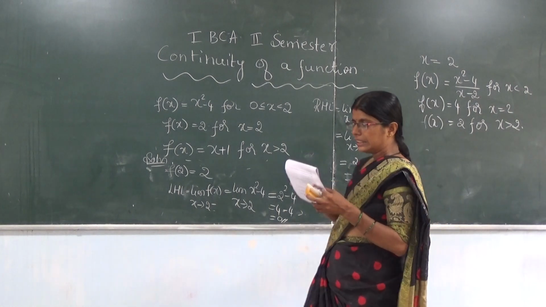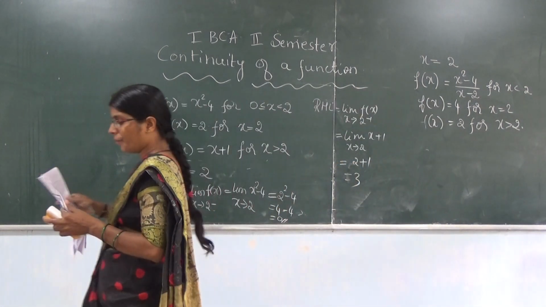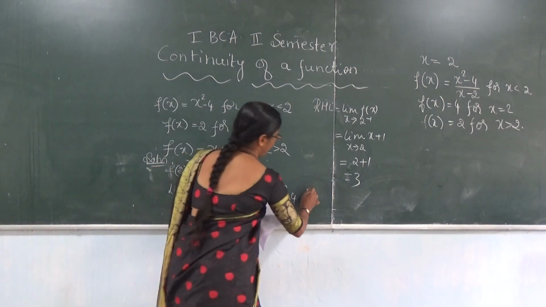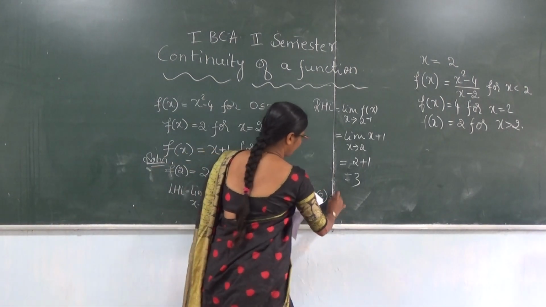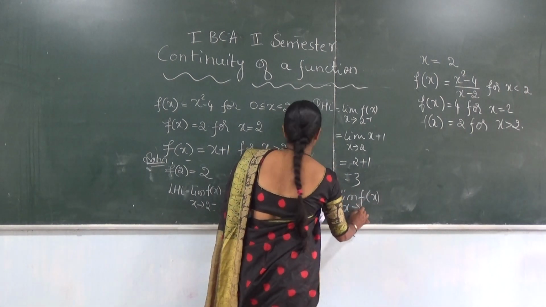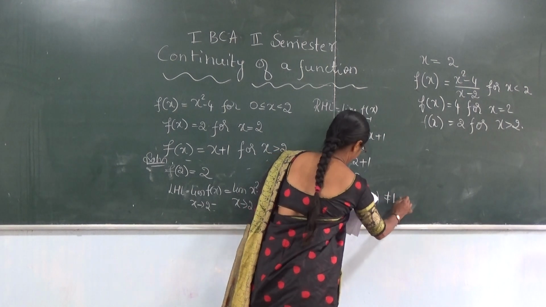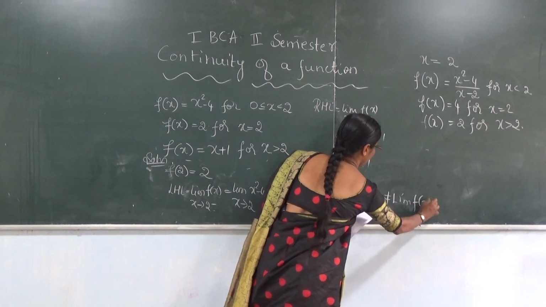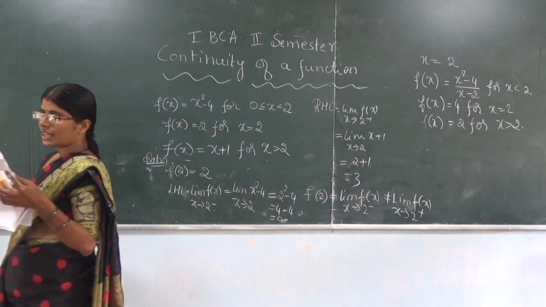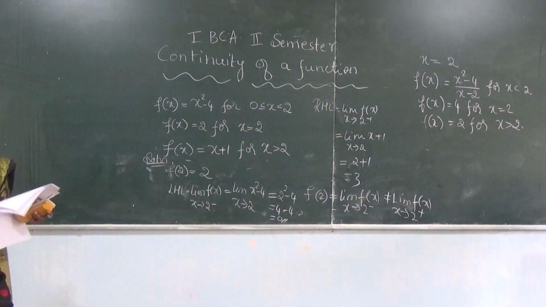So what can you conclude? F of 2 is not equal to the left hand limit, and that is not equal to the right hand limit. Therefore, f of x is discontinuous at x is equal to 2.